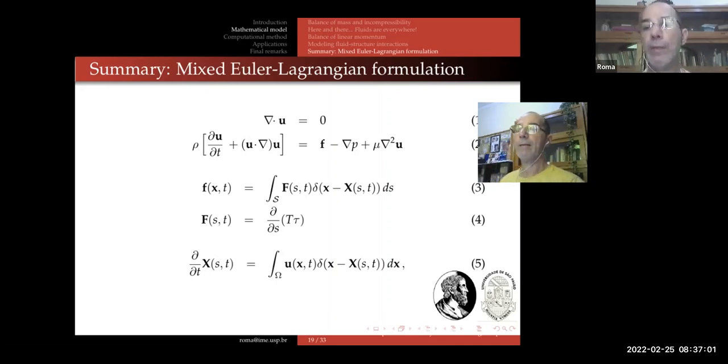And we are supposing that the no-slip condition is valid. So the fluid doesn't slip on the surface of my immersed structure. Both points that are in contact with the fluid have the same velocity as the fluid, right?